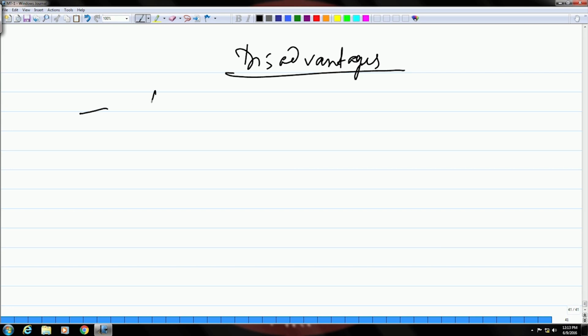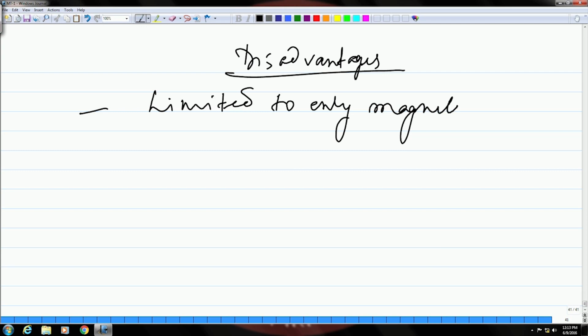So, this is limited to only magnetic materials. It cannot be used for non-magnetic materials, because the whole thing is based upon magnetism. Okay, that is the major limitation of this process.